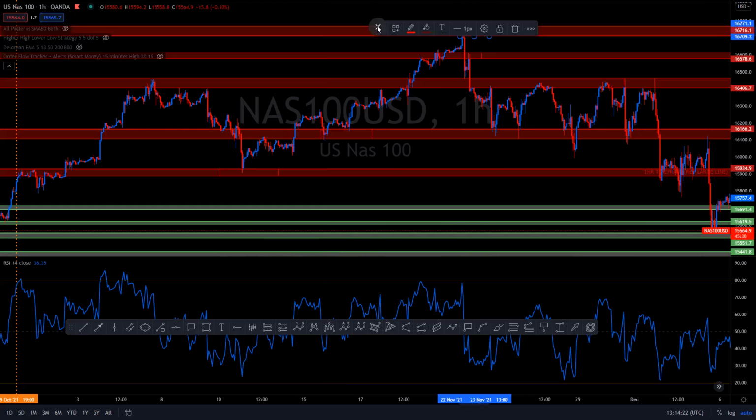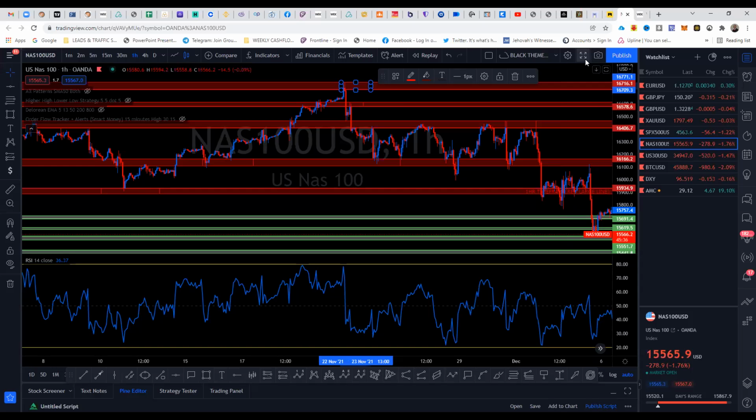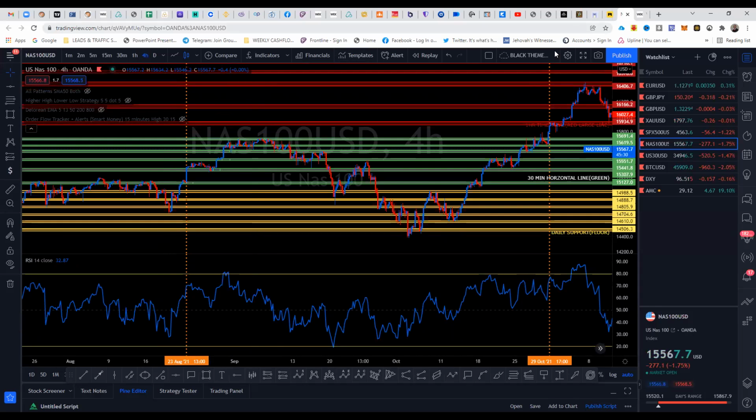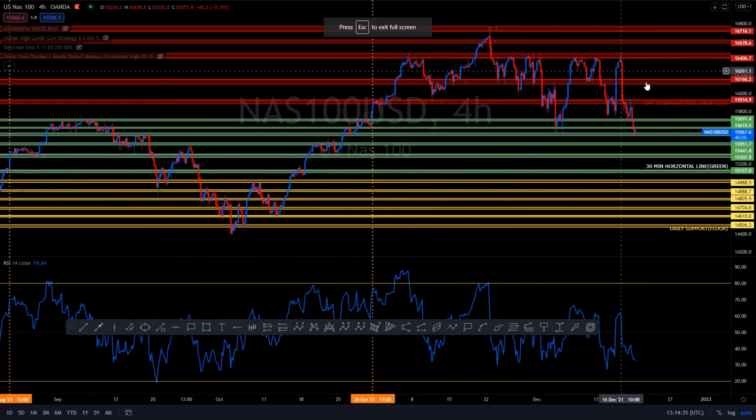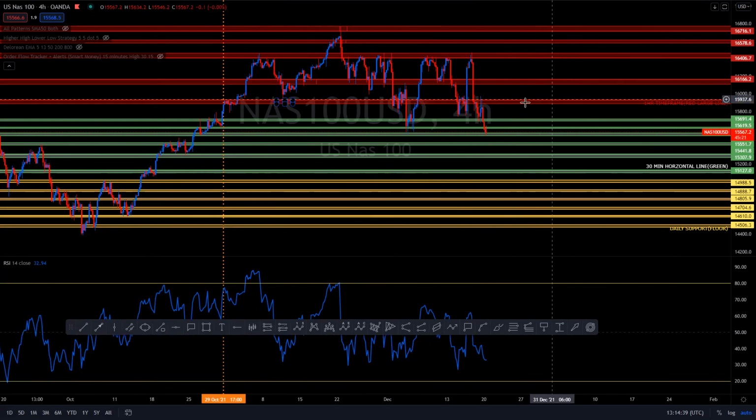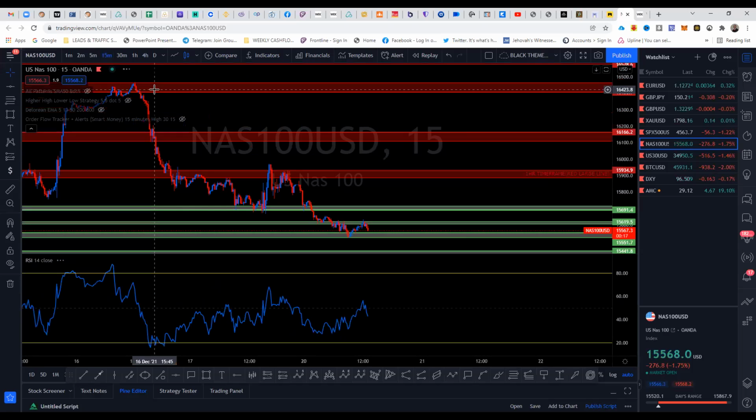All right. So now 1 hour is marked up. Go to the 4 hour here. Now we see where current price is at right here. So now we're going back to the 15 minute, see what it's looking like.